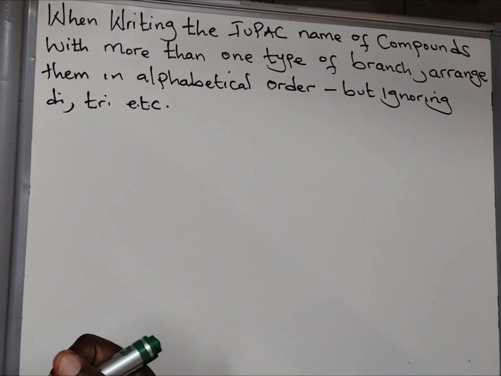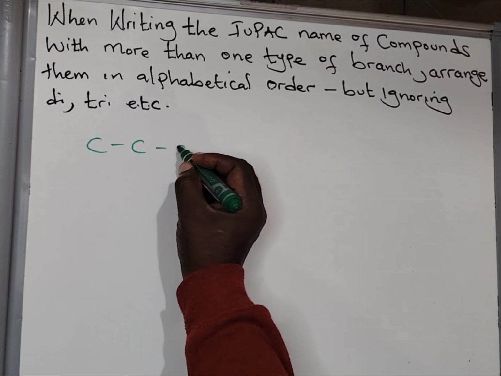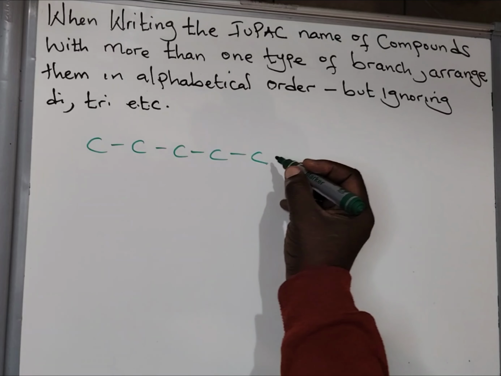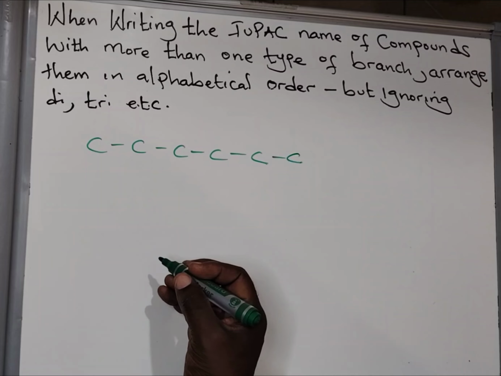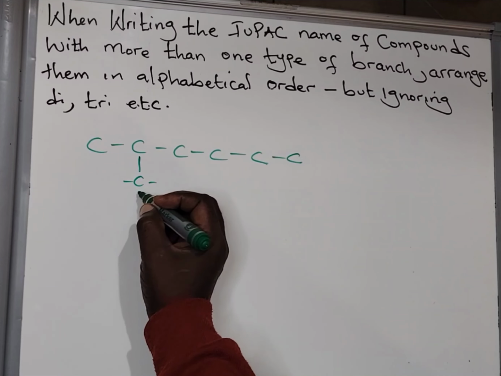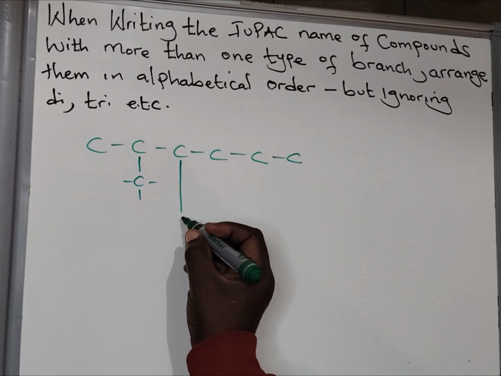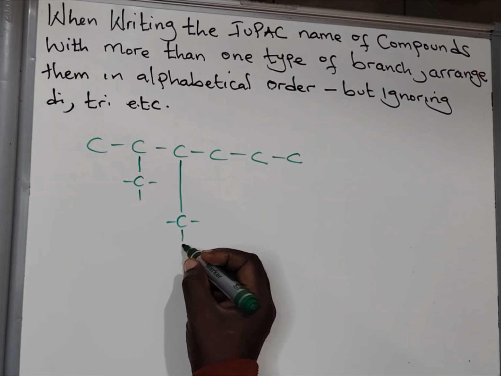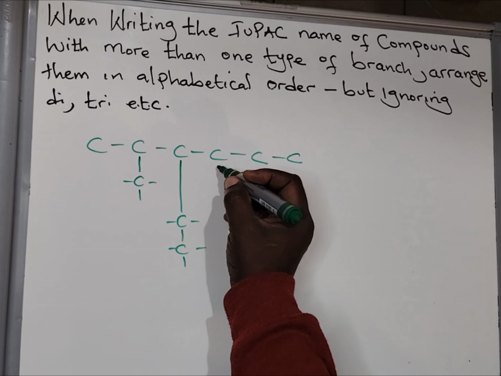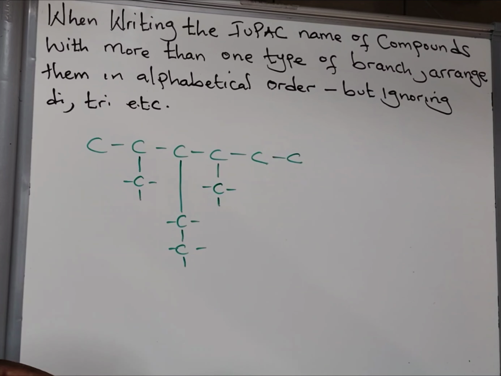What does this mean? So suppose this is our chain, okay? And on our chain, you have a methyl group here. And let us assume you have another branch here. And suppose you have another one here. Okay?